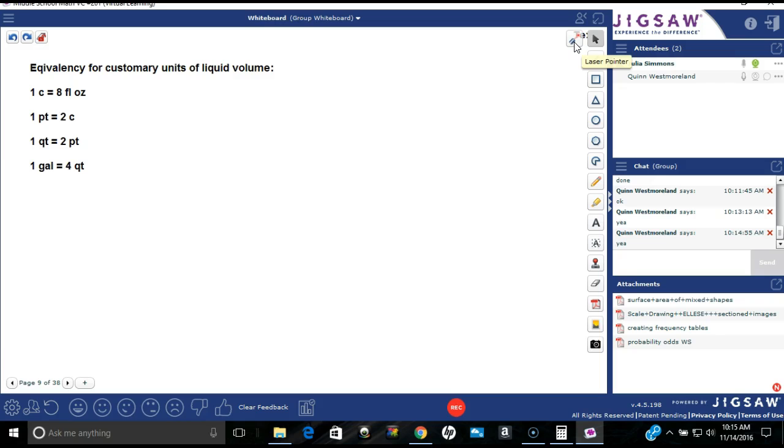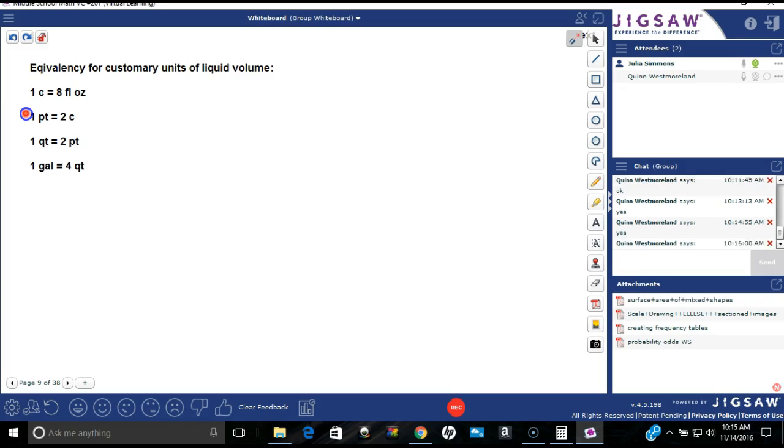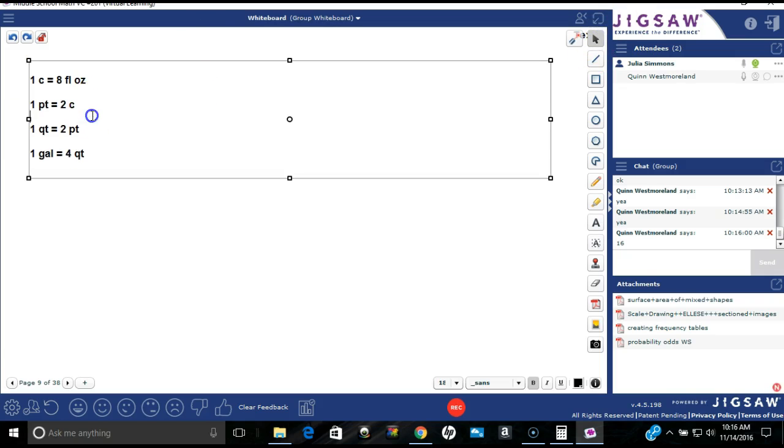It's almost like a word problem. If we know that there are 2 cups in a pint, and in each one of those cups there are 8 fluid ounces, how many fluid ounces are in 1 pint? 16, very good. So 1 pint is equal to 2 cups and 16 fluid ounces.